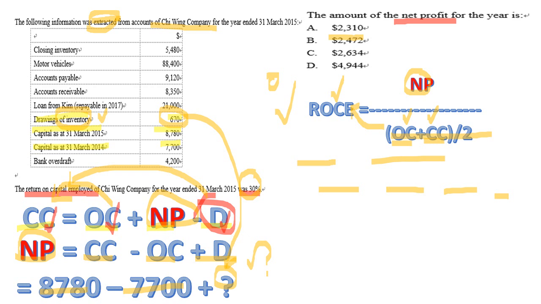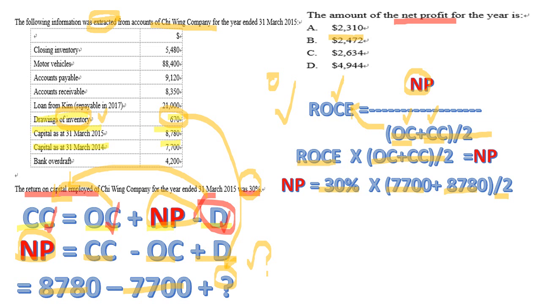So we have to use another formula making use of this return on capital employed. Return on capital employed is equal to net profit divided by opening capital plus closing capital divided by 2. We have opening capital and closing capital, so we put it like this. We change the subject, moving this factor to the left and putting all those figures into the equation.